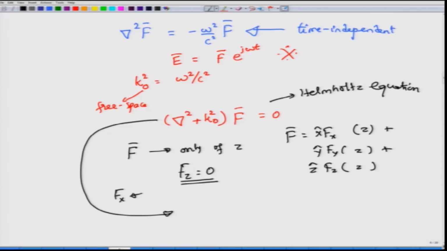What this equation becomes, if you assume f to have only the x component, is del square by del z square plus k0 square times fx equal to 0. This equation has a solution given by fx of z equal to e power minus j k0 z. I will leave this as an exercise for you to show that this is the case.